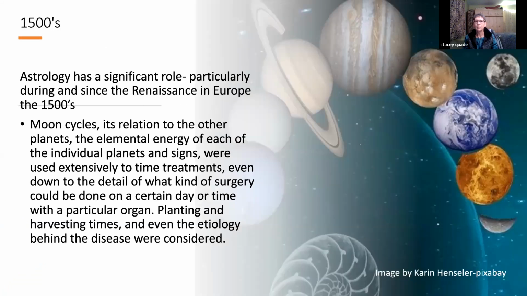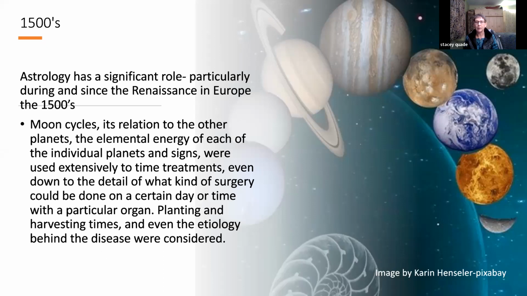Astrology was a huge part of herbalism and medicine as a whole in the Renaissance in Europe in the 1500s, and it still is to this day. There's a lot of reference and ways that we can use the moon cycles, the elemental energies of the planets and the signs.